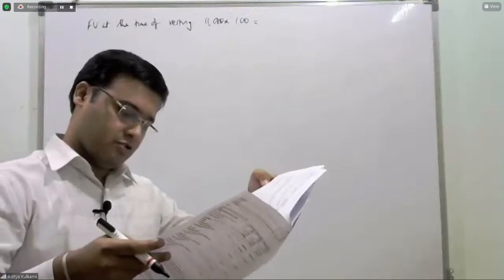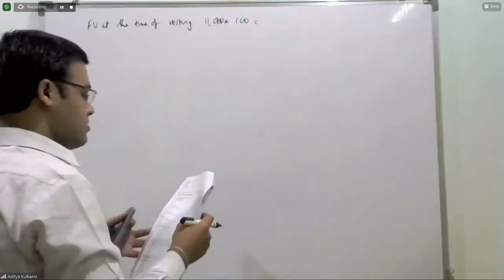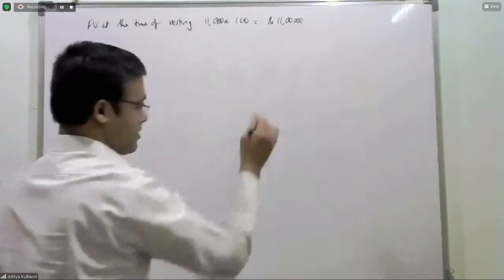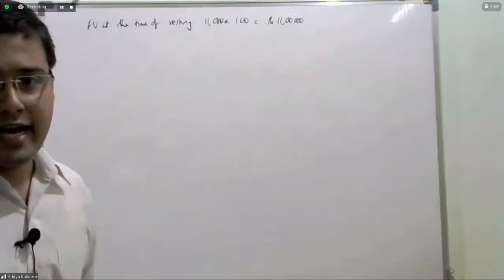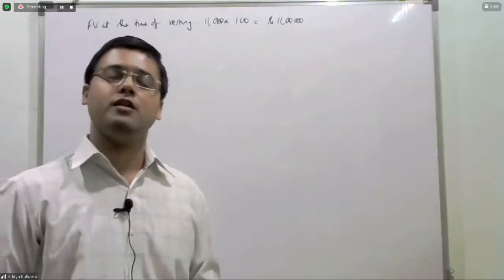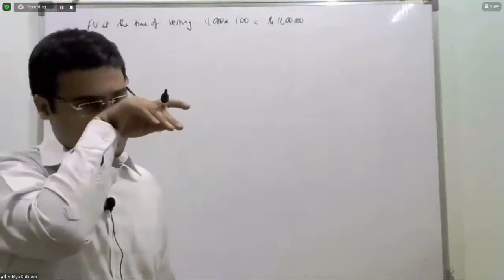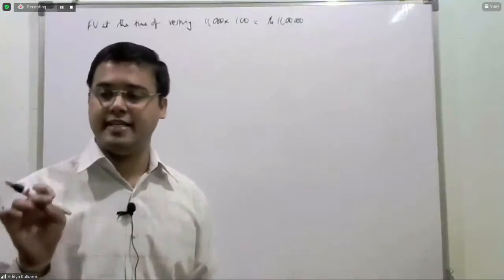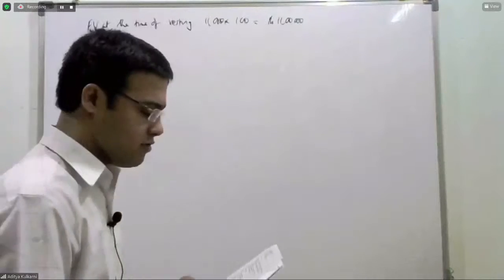Fair value is rupees 100. So 11,000 into 100. This is rupees 11 lakhs. This is vesting immediately. That means on 1st April X0 itself, it is vesting. You don't have to do any 1/3, 1/3, 1/3. Vested immediately. So 11 lakhs full entry you will pass.